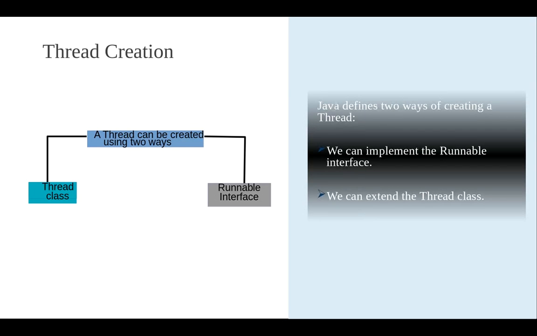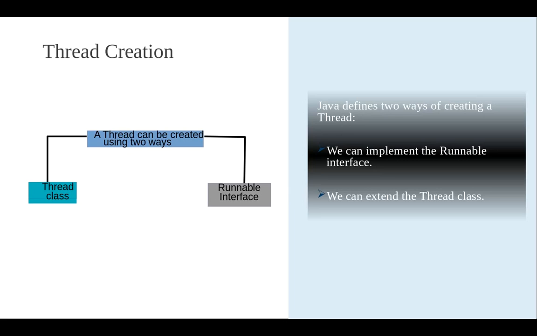Now, Java defines two ways of creating a thread. That is, we can implement the Runnable interface or we can extend the Thread class. More often we implement the Runnable interface, because Java doesn't support multiple inheritance, and any number of interfaces can be implemented in a Java class.